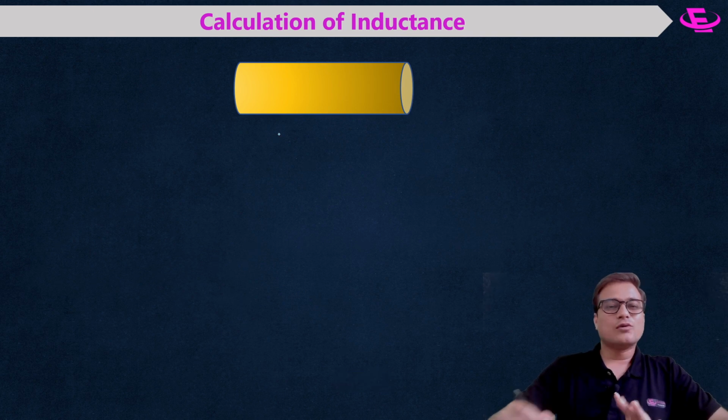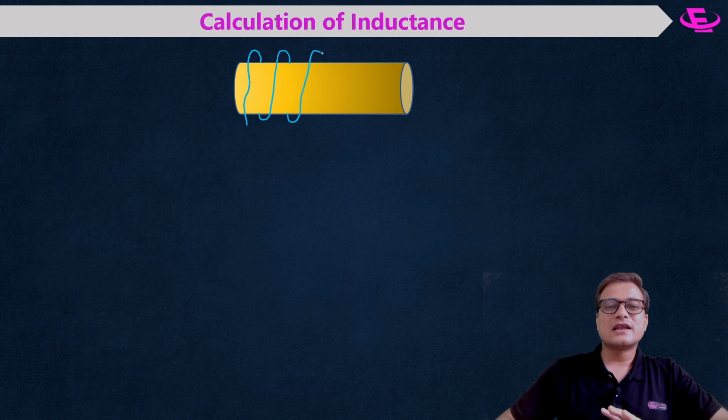Next, calculation of inductance. So how to calculate inductance? Suppose this is the core. You start winding the wires like this. Clear?